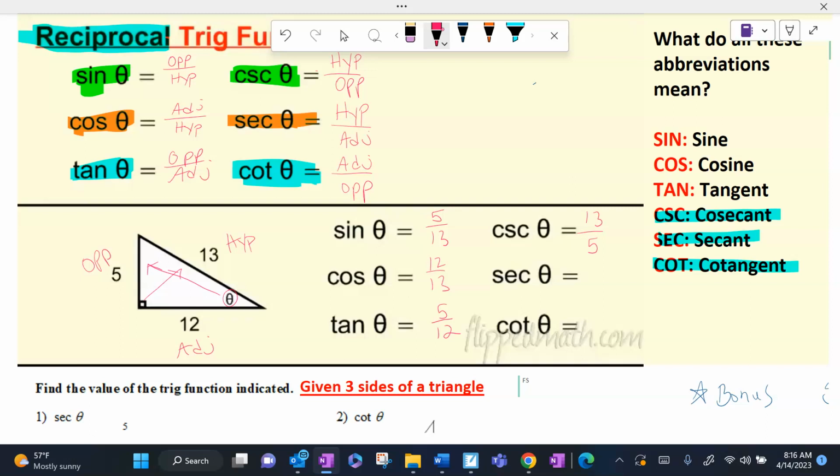So since cosine in this scenario is 12 over 13, we'll have 13 over 12 for our secant ratio, which should be the flip, hypotenuse over adjacent instead of adjacent over hypotenuse. And last but not least, since tangent is opposite over adjacent, or in this scenario 5 over 12, we can flip that and write the reciprocal, and say 12 over 5. So that's how you find the reciprocal properties for a given example.